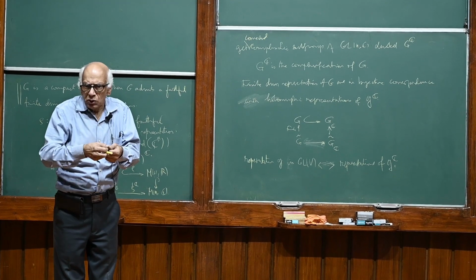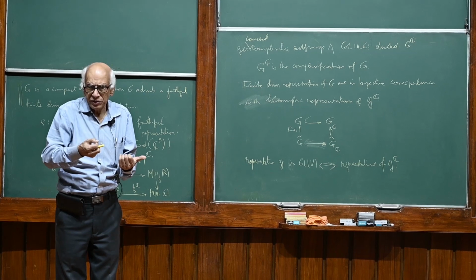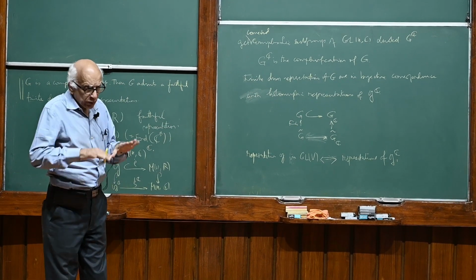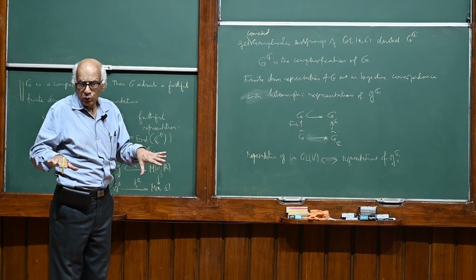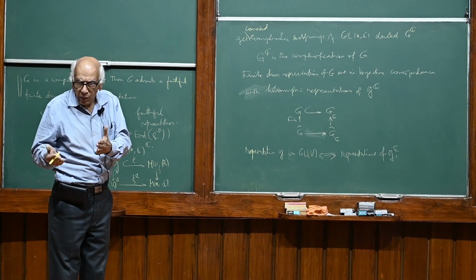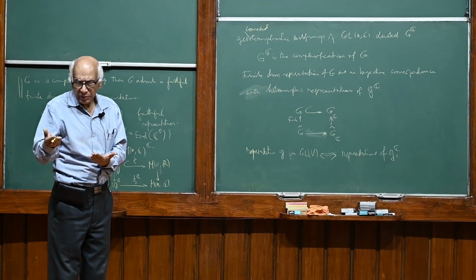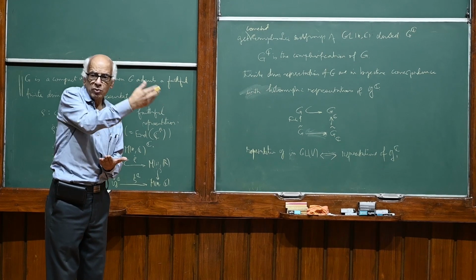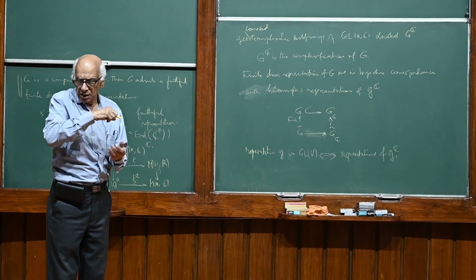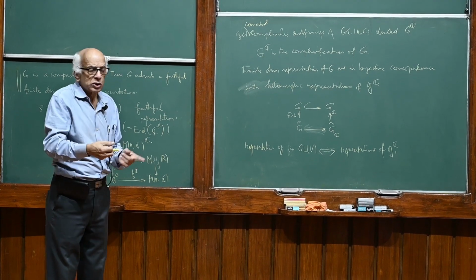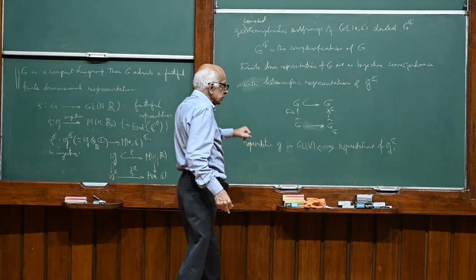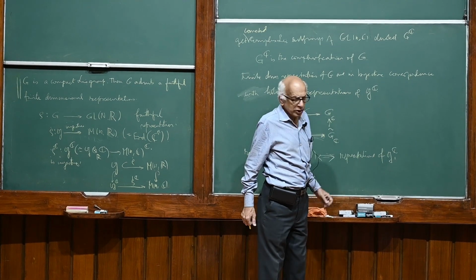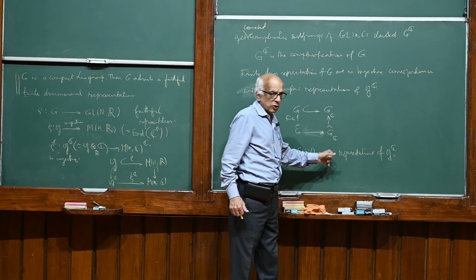Because there's the conjugation which will get transported to V tensor C, and therefore the space will usually break up into two. One of them gives a holomorphic representation of G_C, and on the other you will get an anti-holomorphic representation, the bar. You can pick the representation which corresponds to the holomorphic one, and that is the bijective correspondence.